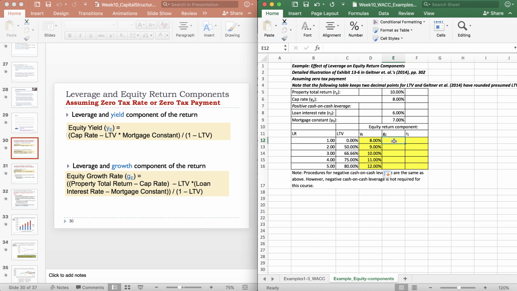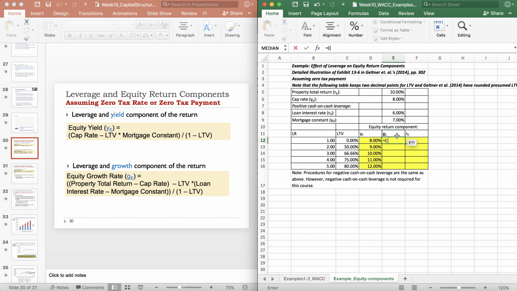So applying the formula for the equity growth rate, we use the symbol GE, consistent with the slide. So we have equals, and now we need to add 2 brackets, just following the formula.